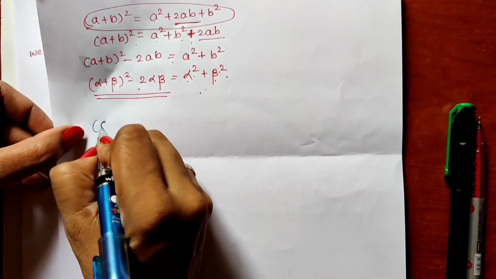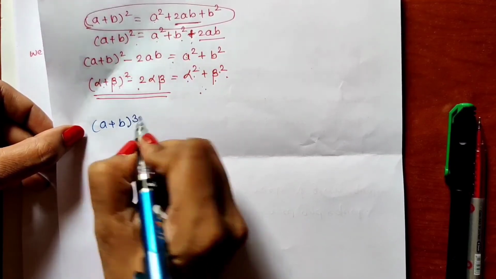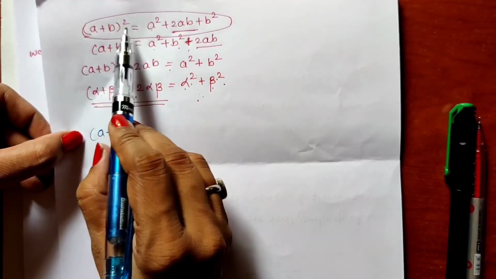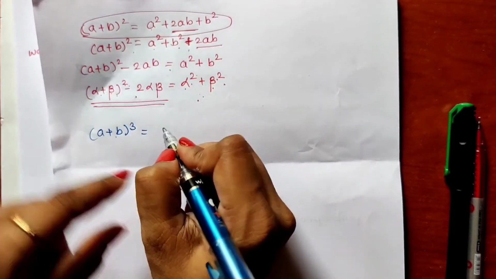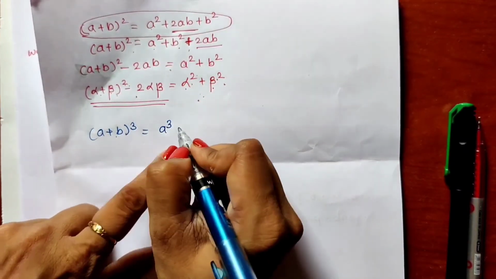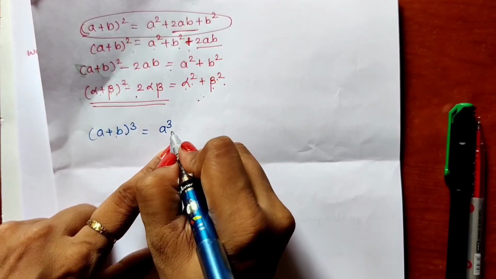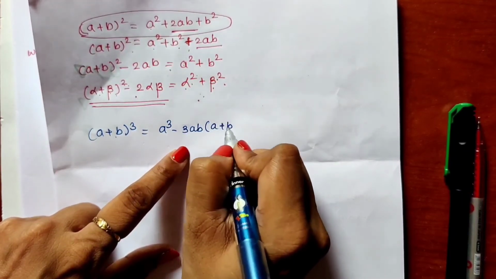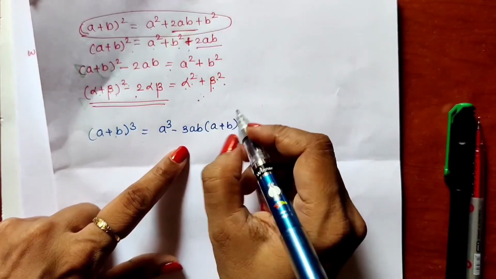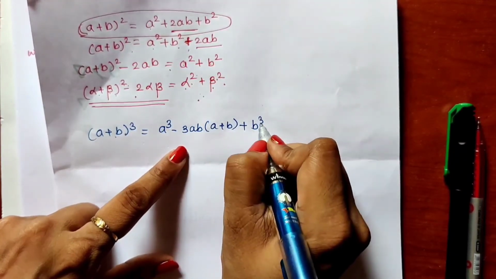Formula is a plus b whole cube. Here we have used a plus b whole square. Now we will be using a plus b whole cube. What is the formula? Formula is a cube plus 3ab into a plus b plus b cube.